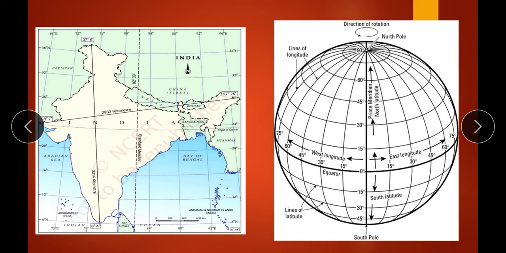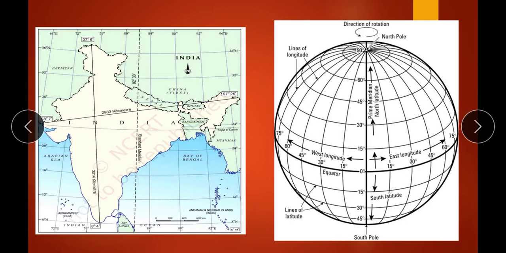Andaman Nicobar we can further divide into two island groups. This is Andaman and this is Nicobar, and the 10 degree channel here divides it into two groups. Understand?